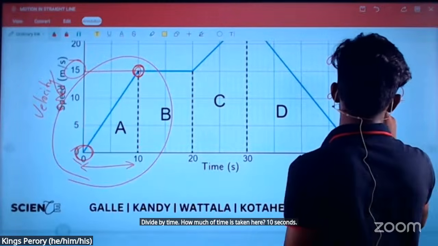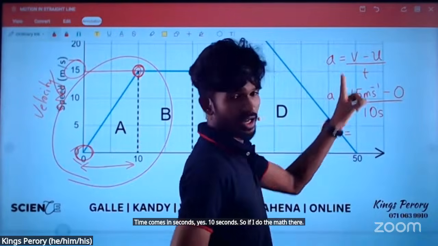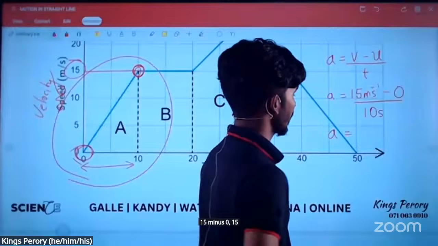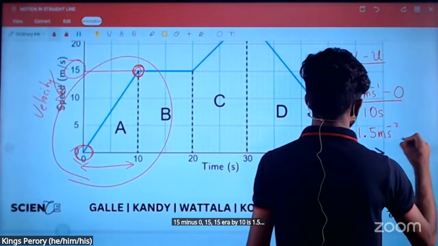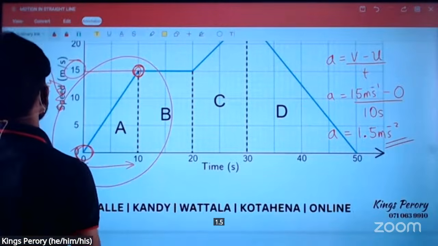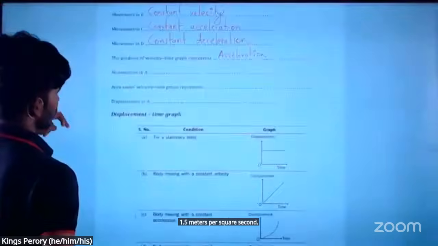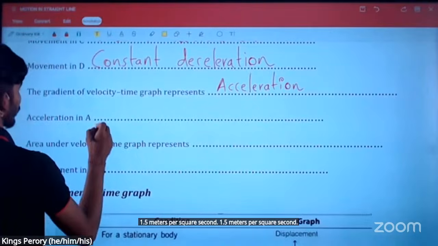Time comes in seconds. So if I do the math, 15 minus 0, 15 divided by 10 is 1.5 m/s², 1.5 meters per square second.